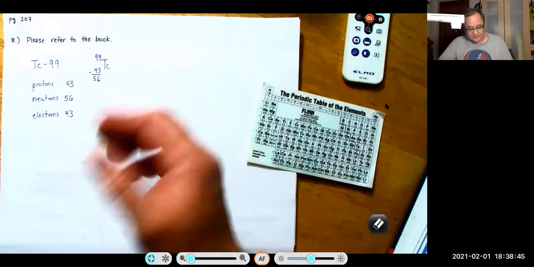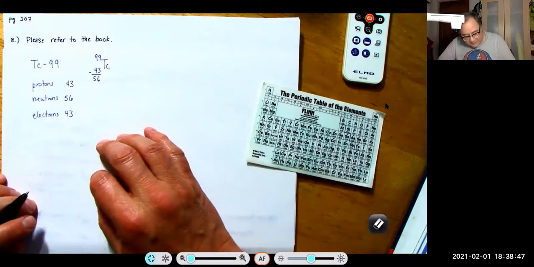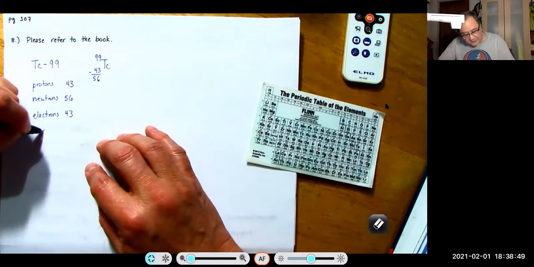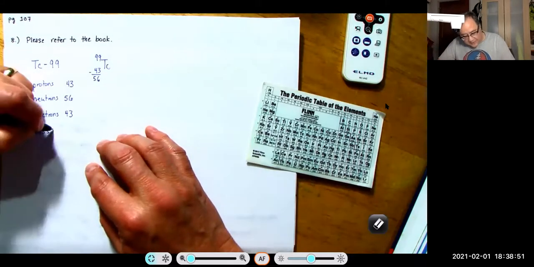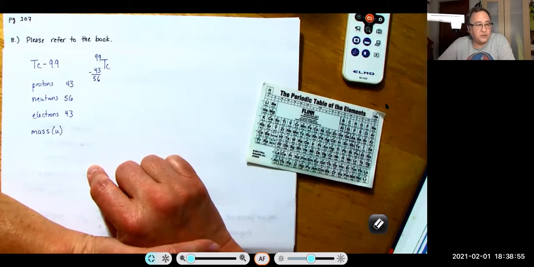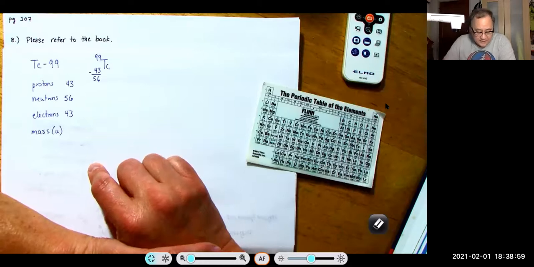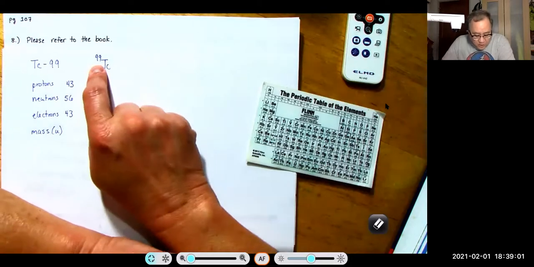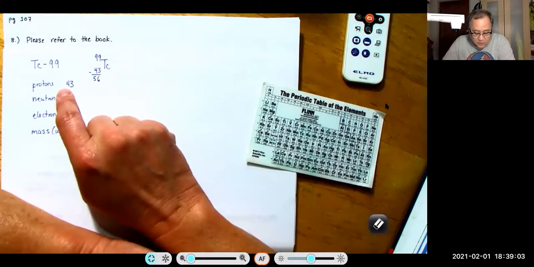So there's your answer. Now, what is the mass of this particular atom in AMUs? And if you recall, a neutron is 1.00. A proton is 1.00.